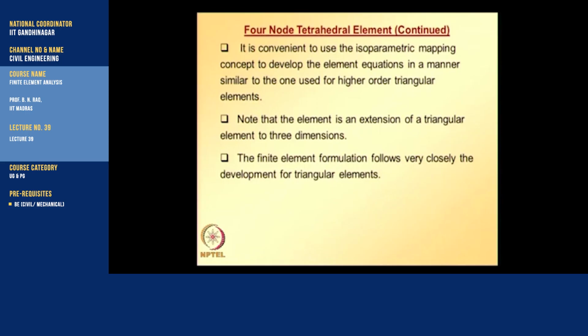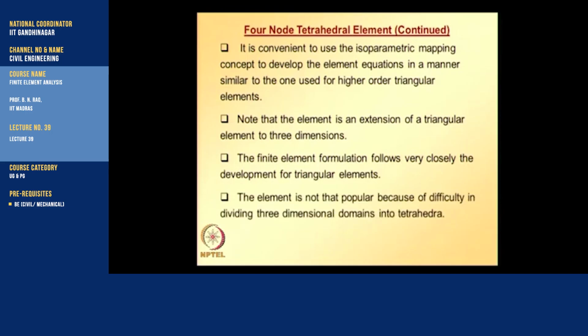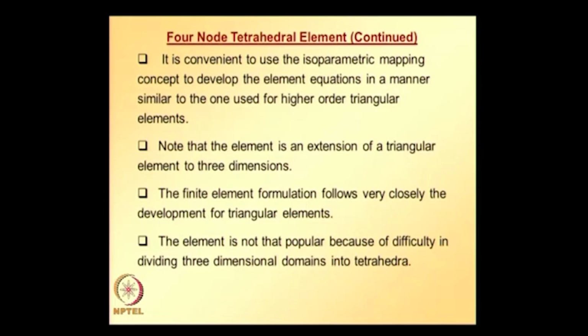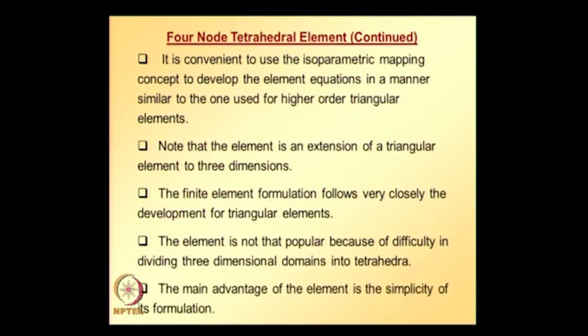So, the finite element formulation follows very closely the development of triangular elements. However, this element is not that popular because of difficulty in dividing 3 dimensional domain into tetrahedra, and also the main advantage of this element is its simplicity in its formulation.